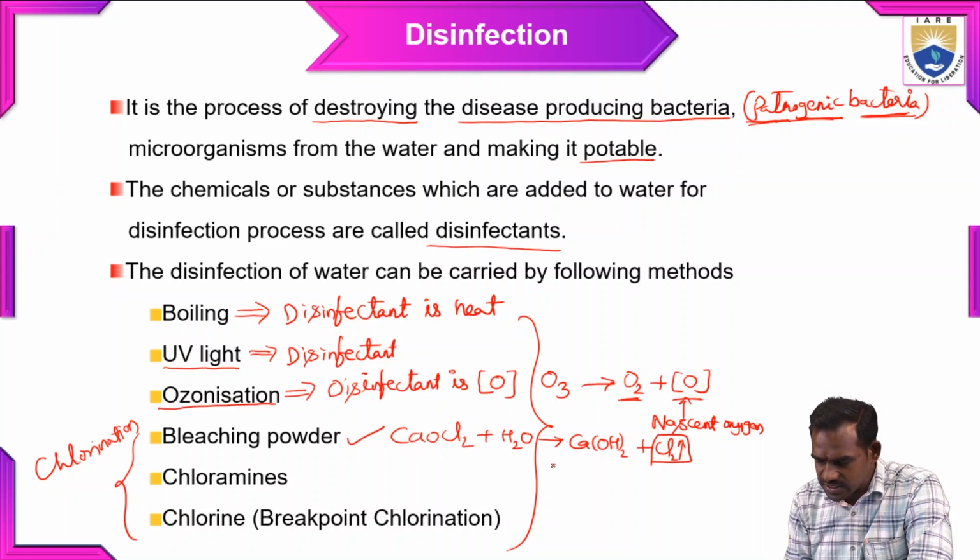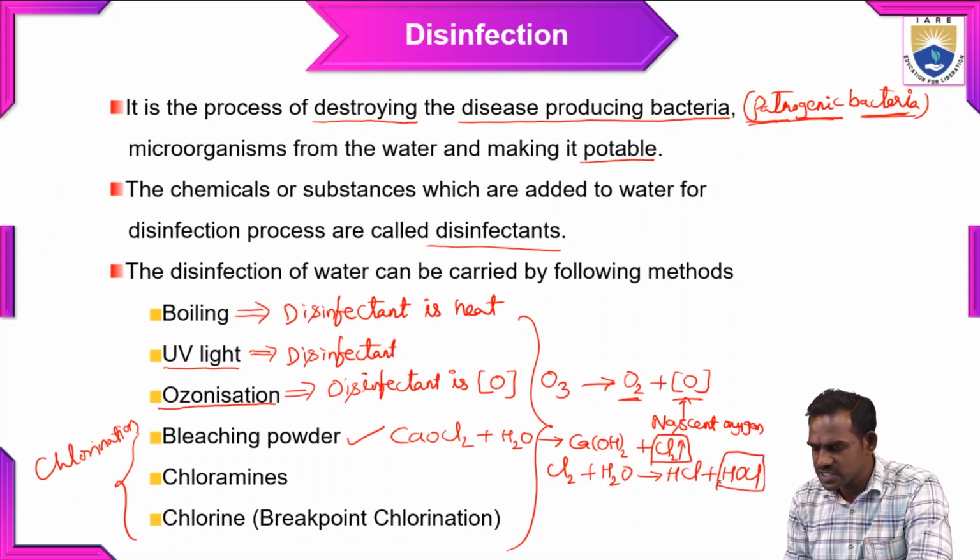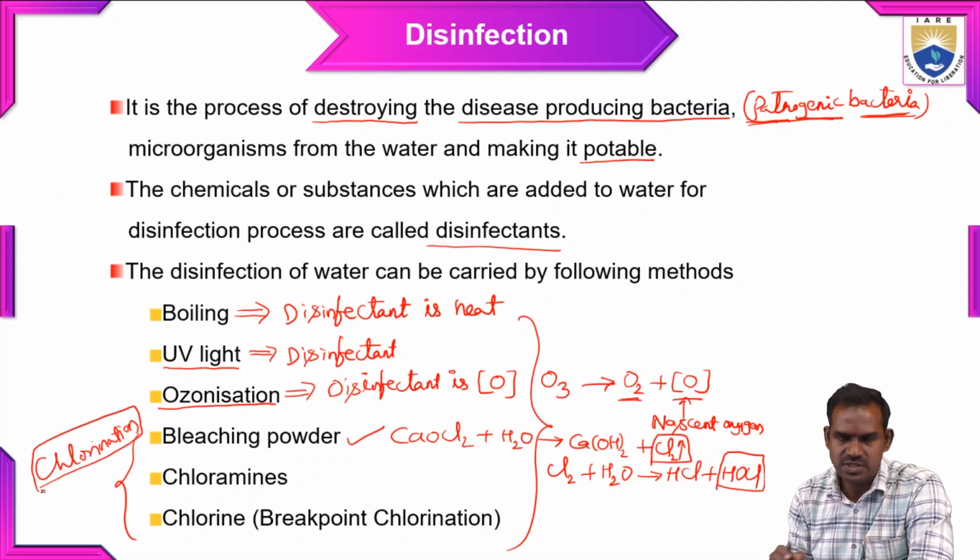So this chlorine gas will react with water containing microorganisms and produce HCl as well as HOCl. HOCl is the actual disinfectant in this process, not only in bleaching powder but in chloramines or chlorine, in all these chlorination processes.